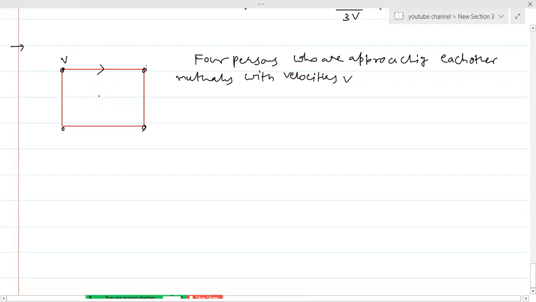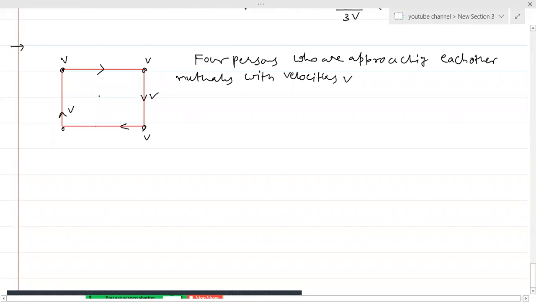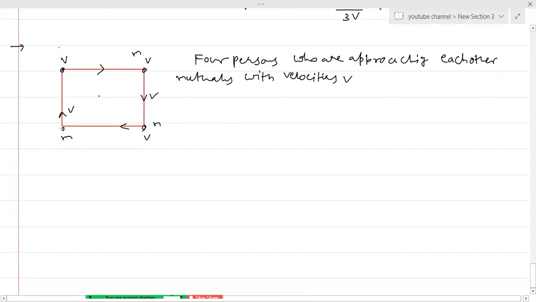Suppose the first is moving towards the second, the second is moving towards the third, the third is moving towards the fourth, and this is moving towards the first. Suppose they are at the separation of a square of side length a. So the question is the same: when and where do they meet each other?